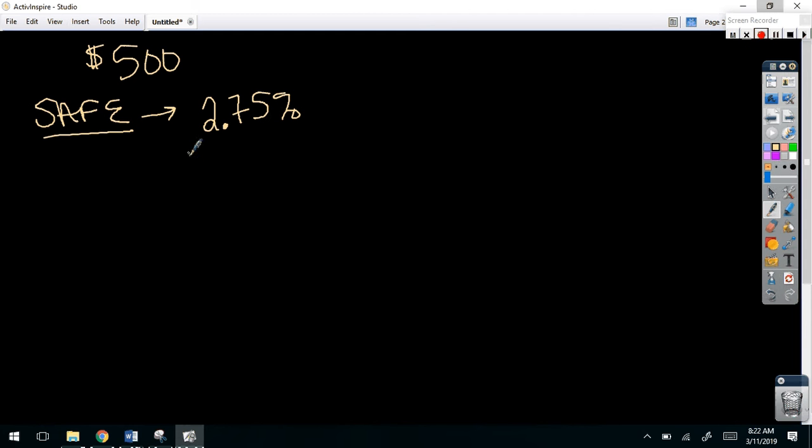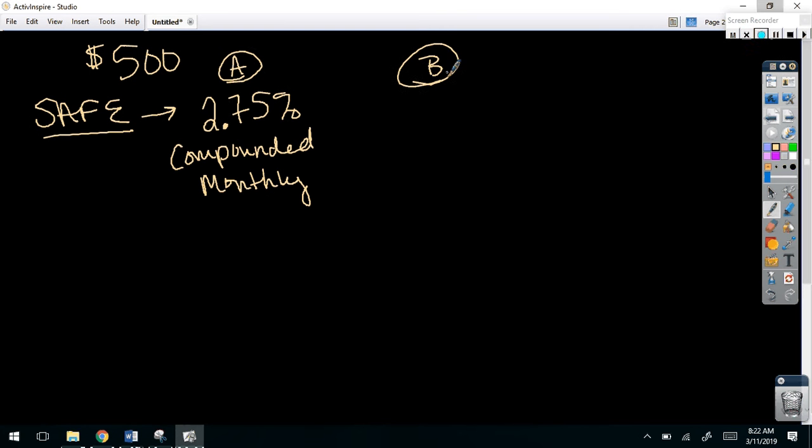But okay, so this is compounded monthly. So that's option A. Option B will give you 2.1% interest, but we'll compound that daily.